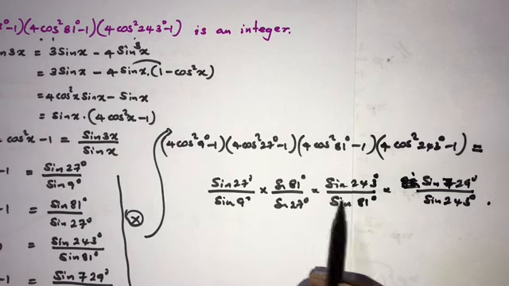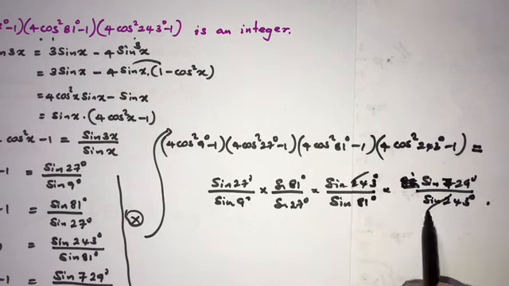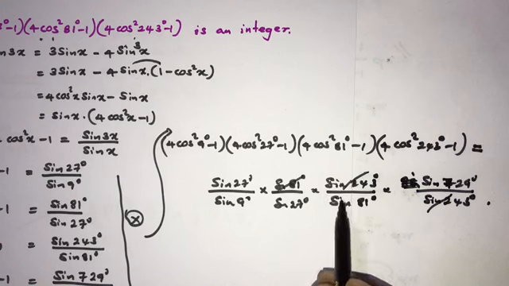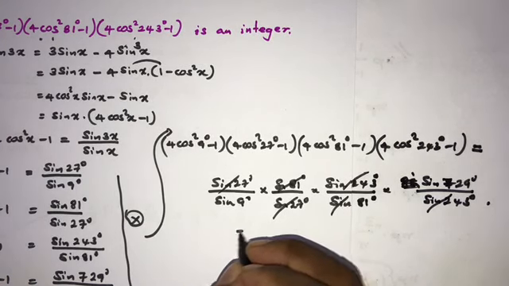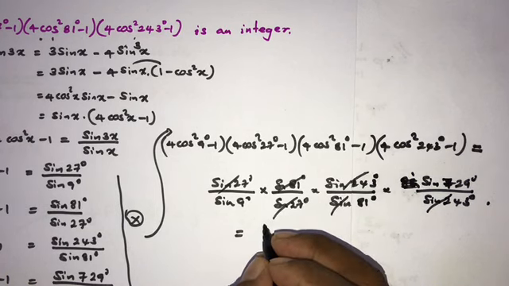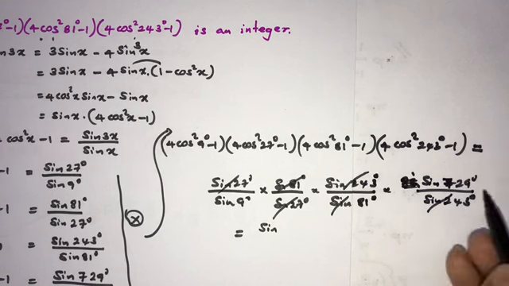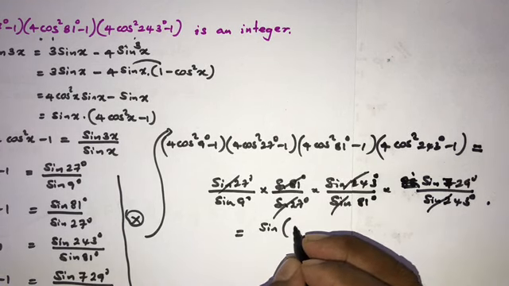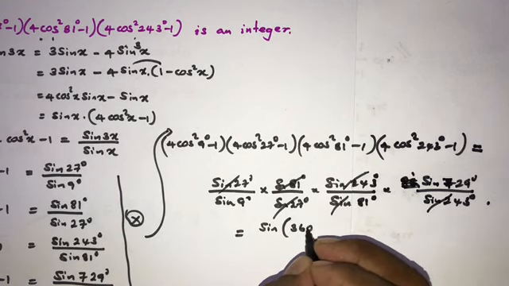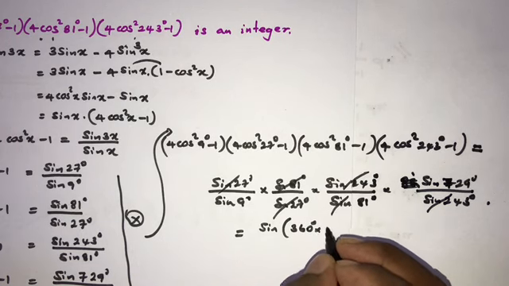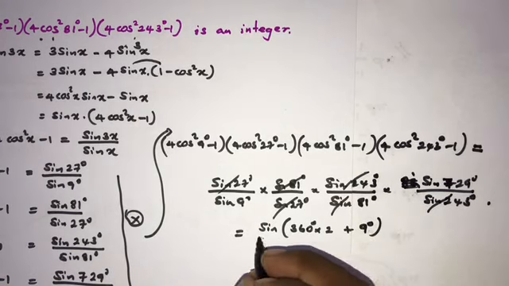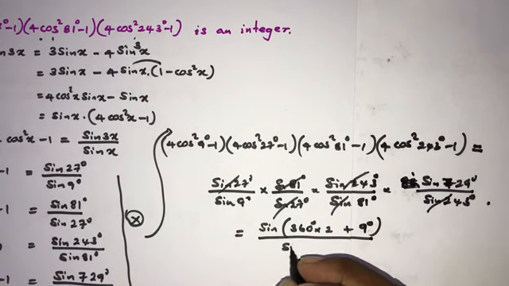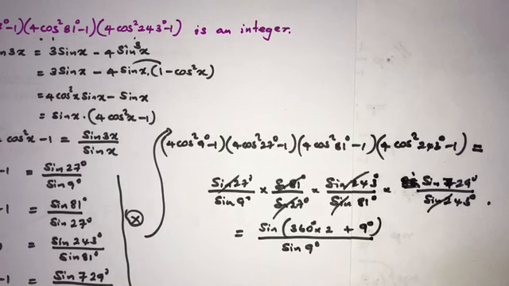Okay, now this term gets cancelled, also this term, also this term, and now we have sine of 729. Now we can write this is equal to sine of 360 times 2 plus 9 degrees over sine of 9.